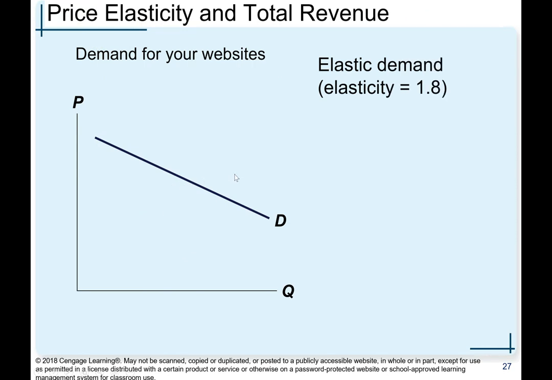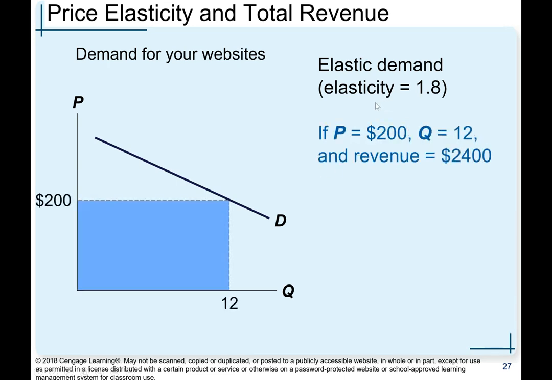Demand for your website, elastic demand. When demand is elastic, the elasticity coefficient is, in this case, 1.8. If price is 200 and quantity is 12, revenue is 2400, that is 200 times 12.